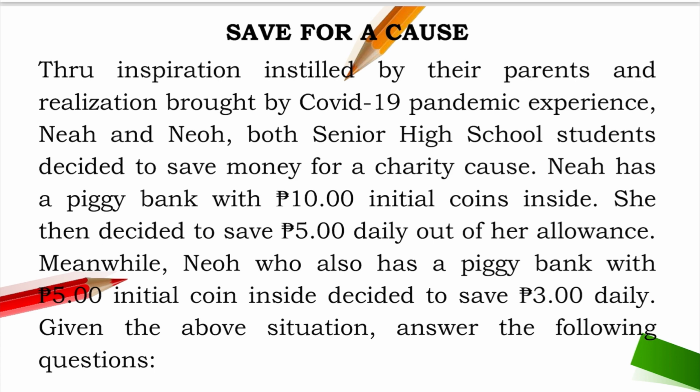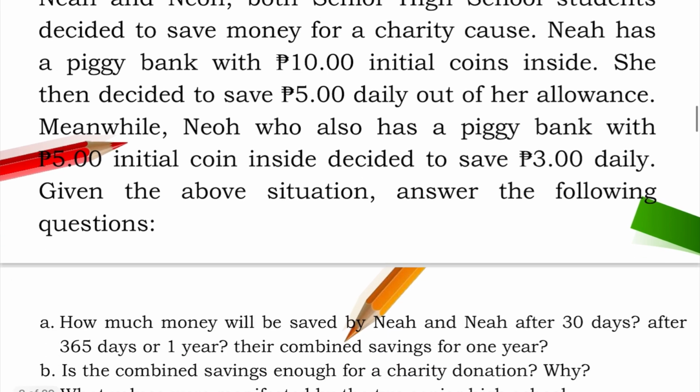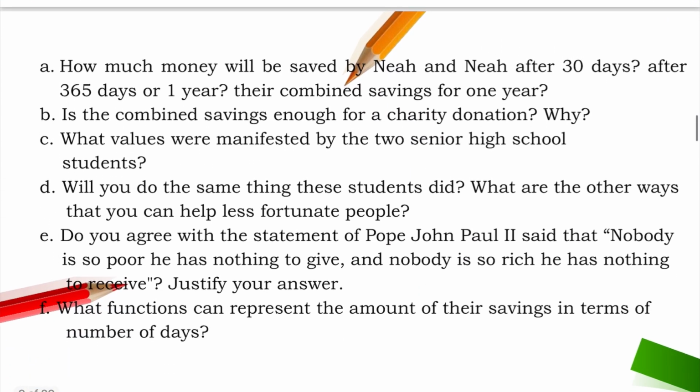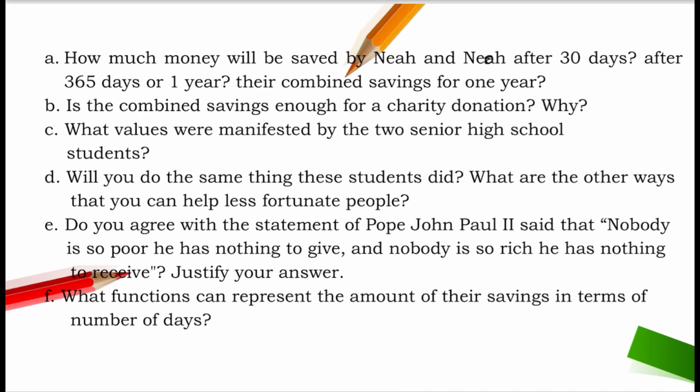Given the above situation, let's answer the following questions. First question: A. How much money will be saved by Nea and Neo after 30 days? After 365 days or 1 year? Their combined savings for 1 year.